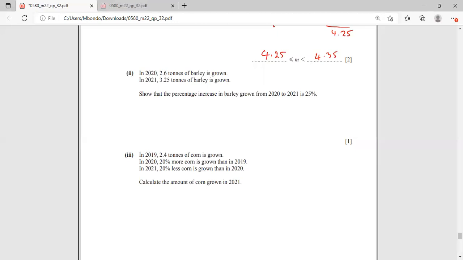Show that the percentage increase in barley grown from 2020 to 2021 is 25%. So what are we supposed to do now to show that?